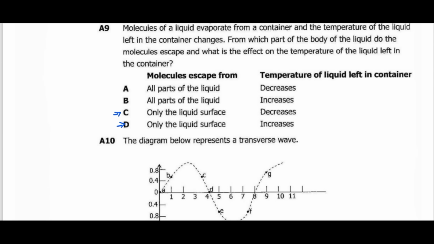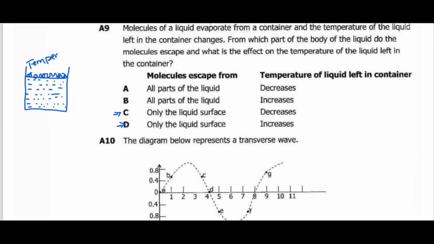Now, if we have this as our diagram, this is water. The only water that will undergo evaporation is the water here at the top. The water above will be heated to a certain temperature.